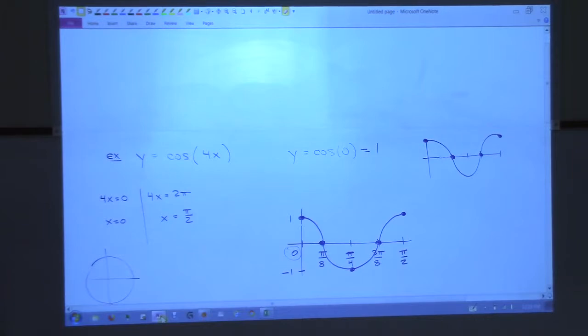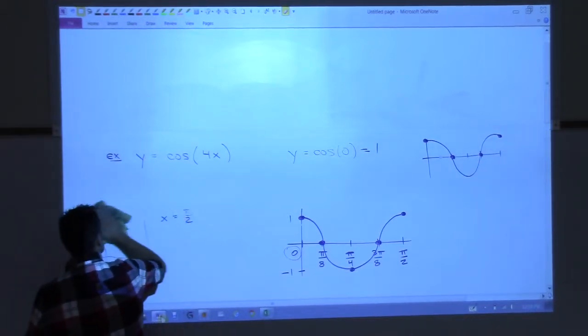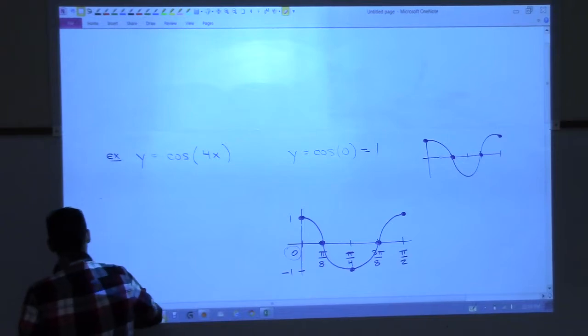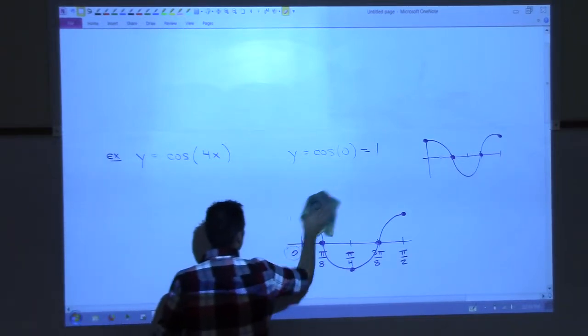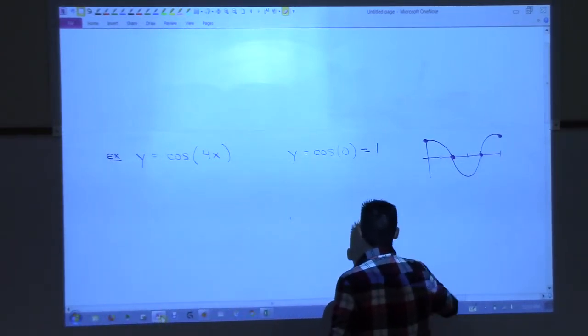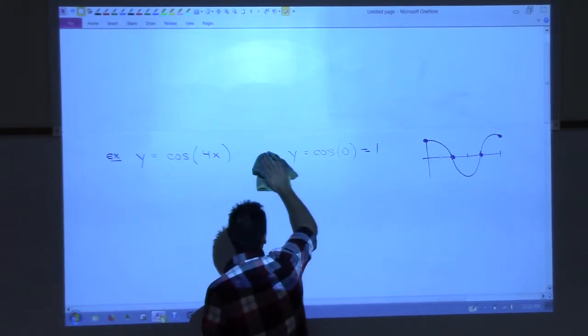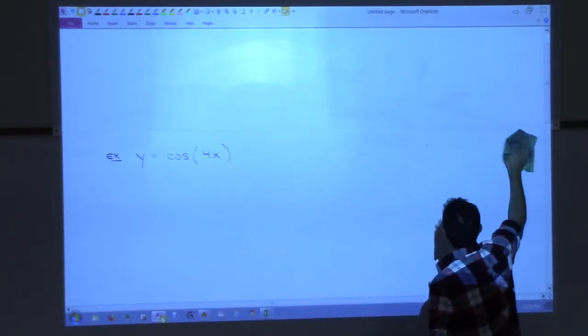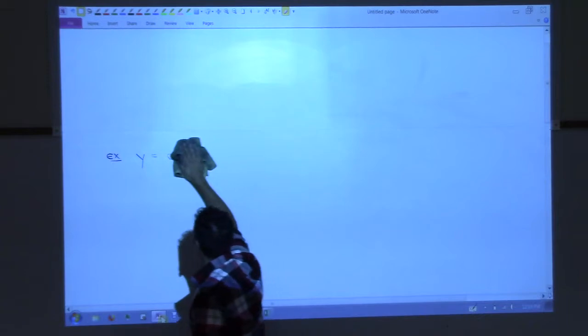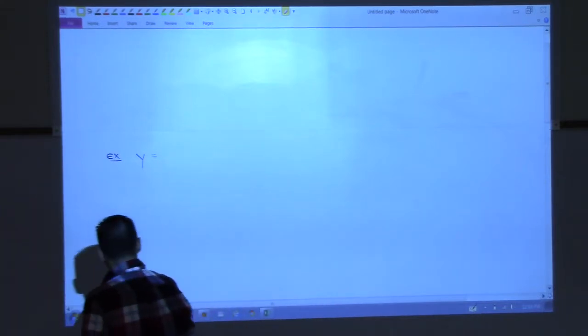So how do y'all feel? Okay, why don't I give you one to work on? I've only shown you one cosine. I'm going to give you a cosine to work on. Why don't you work on it in groups? You don't have to turn this in. I'm behind on grading right now, so I don't need something else to grade. Let's see how you do with this.